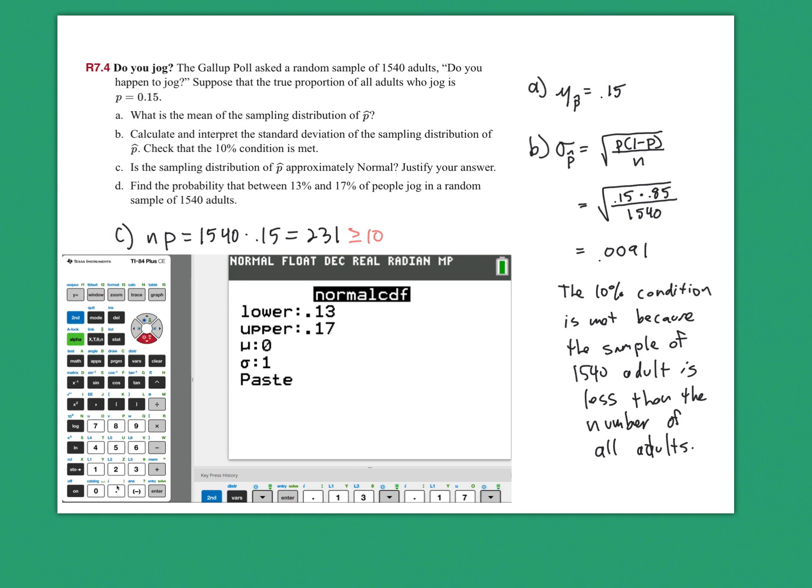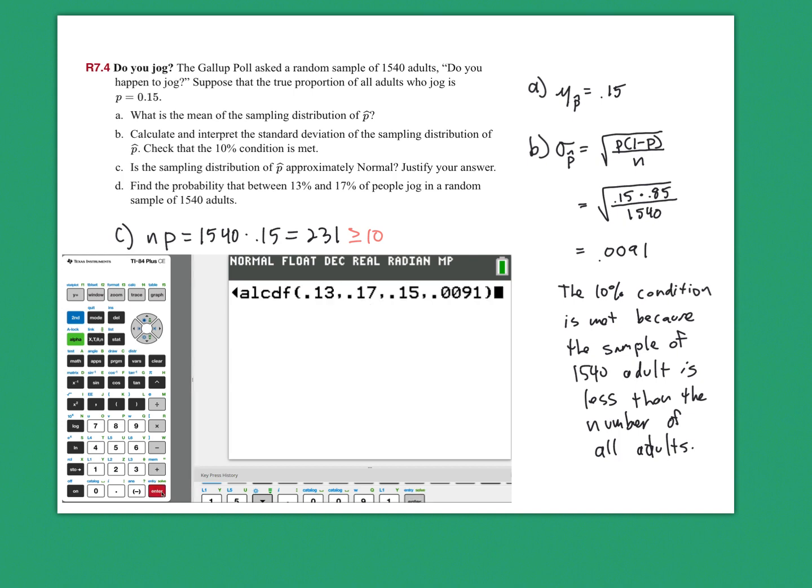We know the true proportion is 15%, 0.15, and the standard deviation we calculated before was 0.0091. Then just hit enter one more time, and that's it. 0.972.